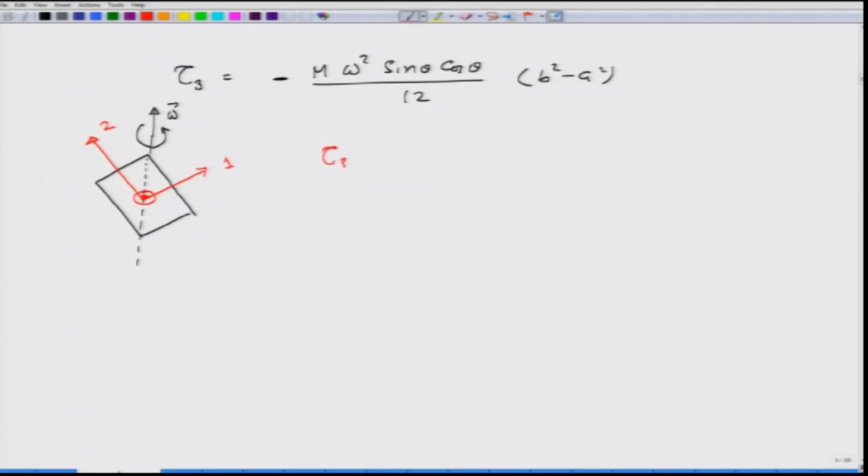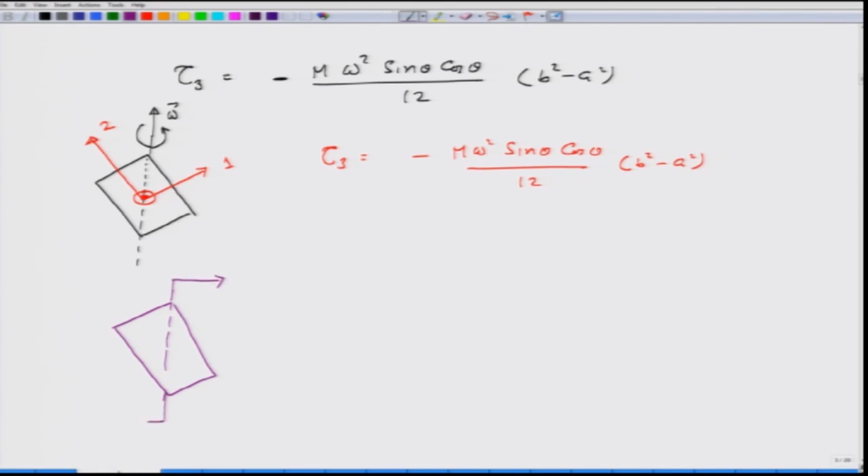So, tau 3 is minus m omega square sin theta cosine theta over 12 times b square minus a square, and it is going in. If it is going in, what I should be doing to keep this rectangle rotating is create a torque by applying forces out here. So, I will apply a force in this direction on this side and a force in this direction on this side, equal forces, so that there is no net force on the system, center of mass remains where it is, but it does give me a torque going in.